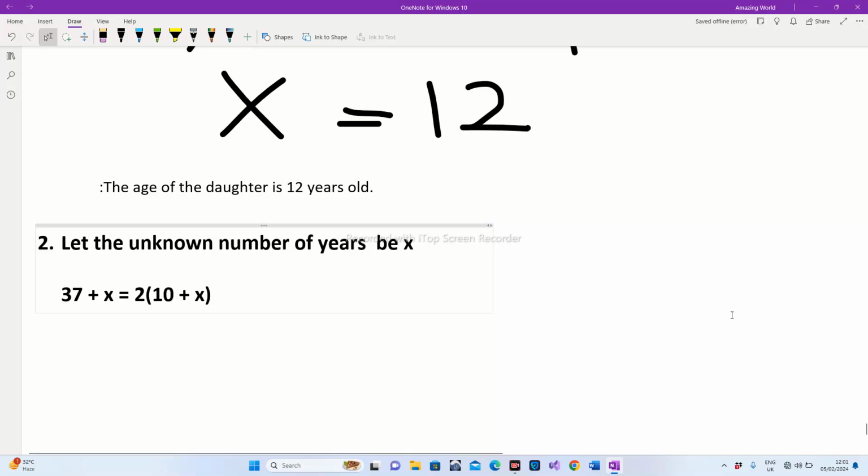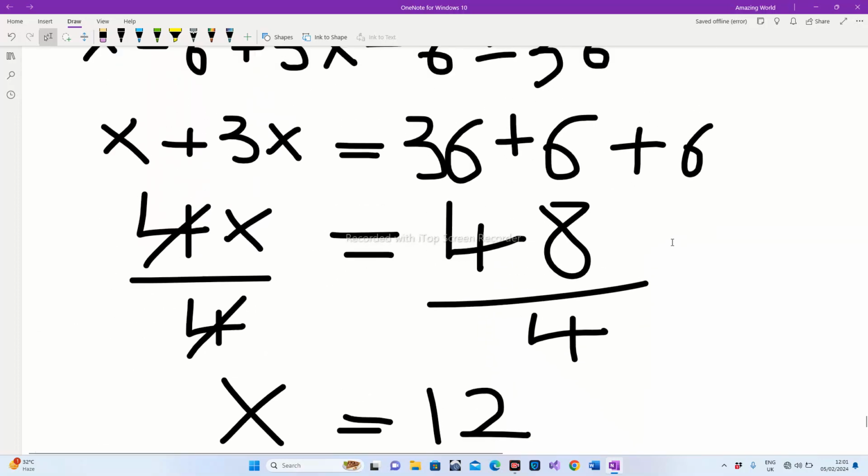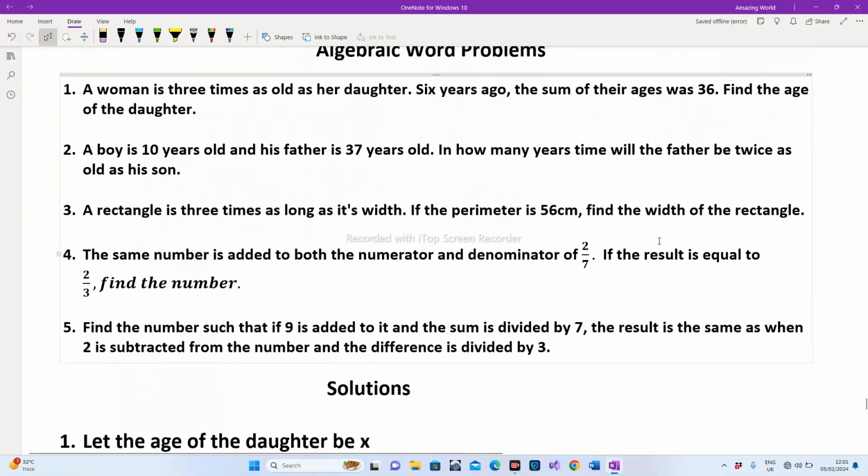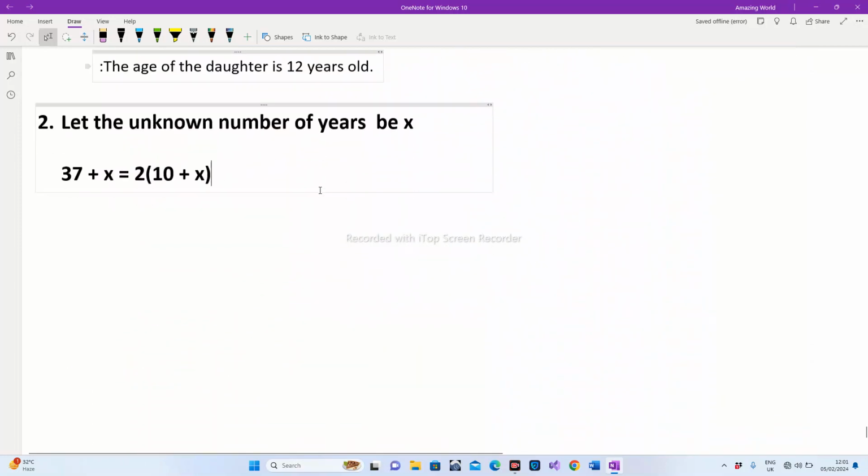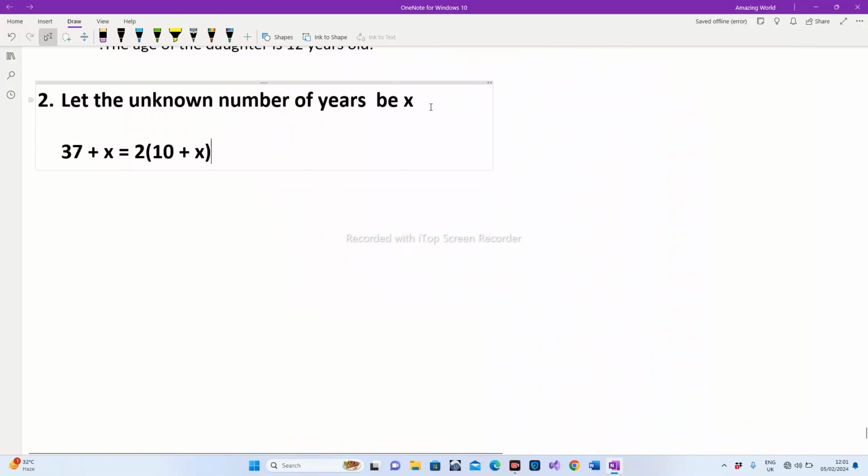Let me read through the question again and then explain it to you, my beautiful students. A boy is 10 years old and his father is 37 years old. That is what we have ascertained in the expressions below. In how many years' time will the father be twice as old as his son? So in the unknown number of years, the father will be 37 plus x, while the son will be 10 plus x.